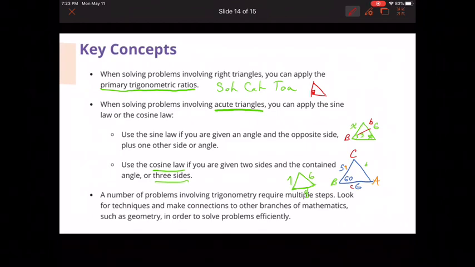Isosceles triangles, you don't need to know the names, but some of them have two equal sides. If it has two equal sides, then it also has two equal angles. And they're the ones that aren't touching each other. So if these two sides are equal, then it's not the angle in the middle of the two lines that are touching each other, but the other two that are the same.